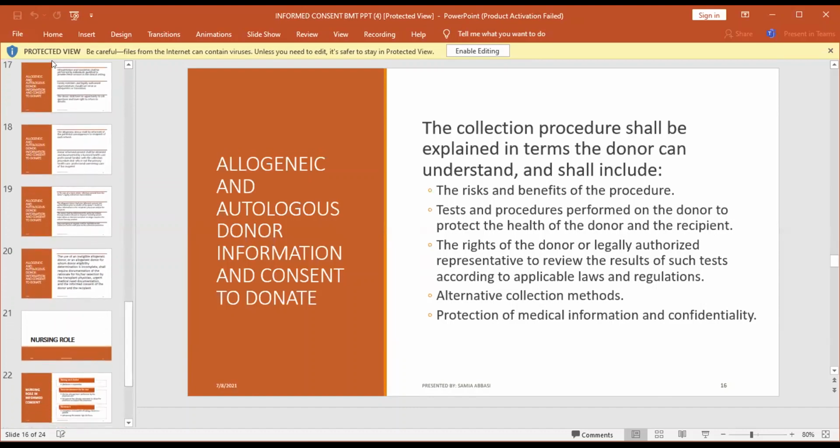An important point of informed consent is allogeneic and autologous donor information and consent to donate. The first point of allogeneic and autologous donor information is that the collection procedure shall be explained in terms the donor can understand and shall include the risks and benefits of the procedure, tests and procedures, the rights of the donor to review the results of the tests, alternative collection methods, protection of medical information, and confidentiality.